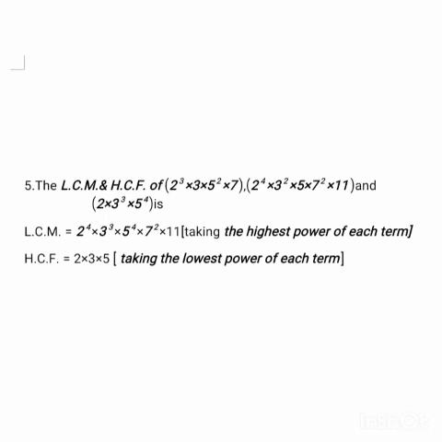Here to find LCM, we will take the highest power of each term, that is 2^4, 3^3, 5^4, 7^2, 11^1 and then multiply them. To find the HCF, we will take the lowest power of each term, that is 2^1, 3^1, 5^1 and then multiply them.